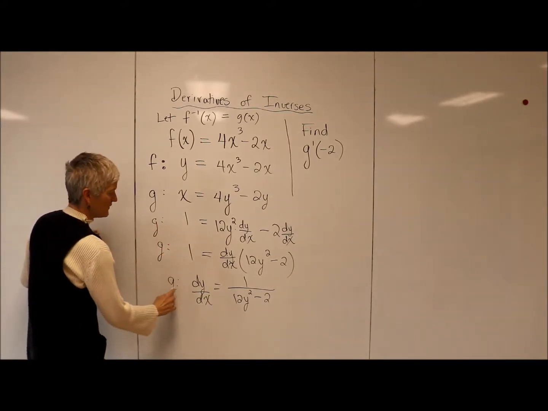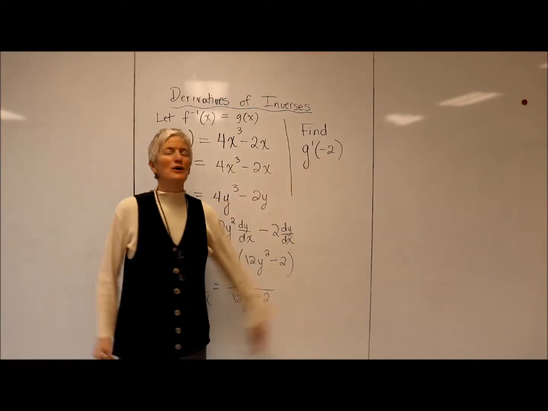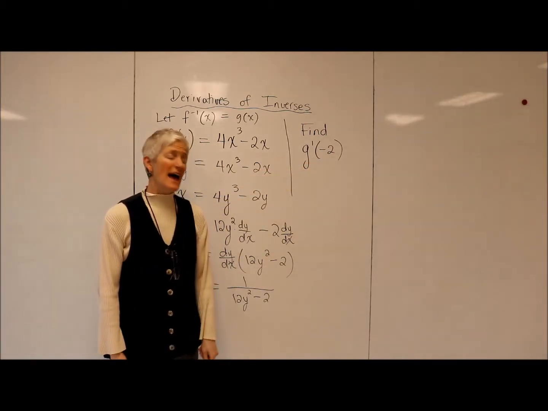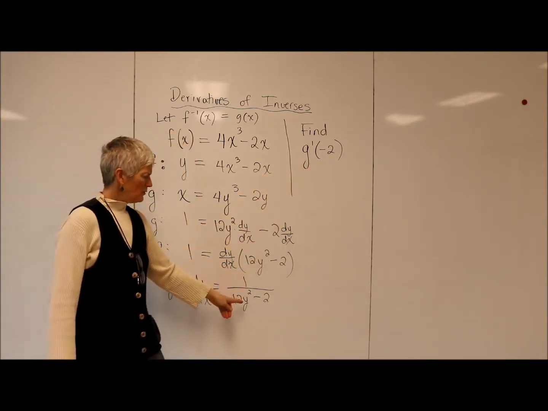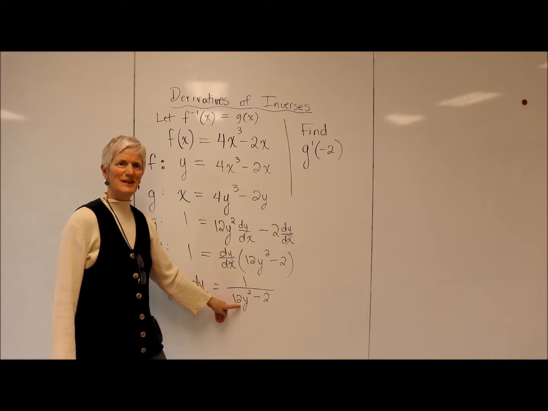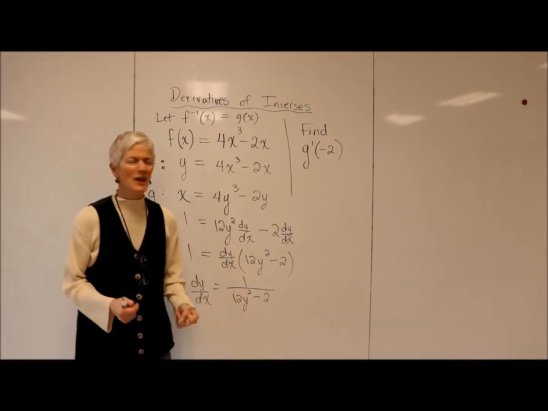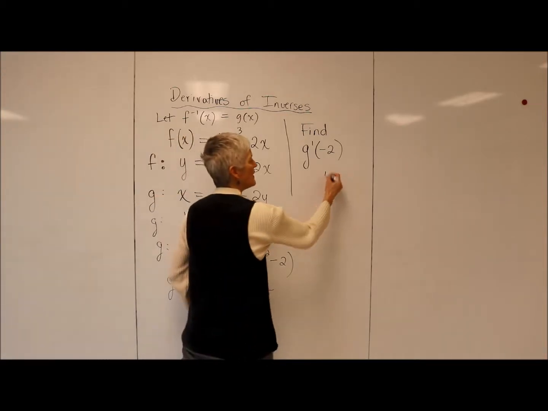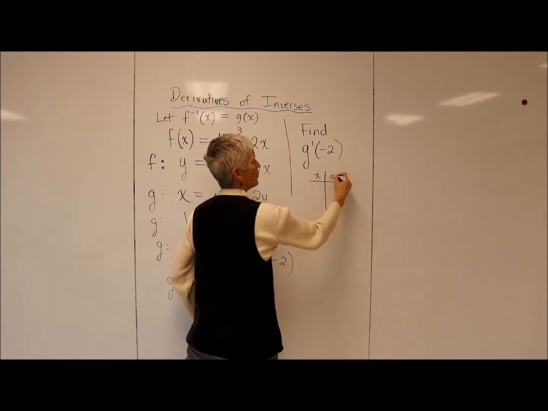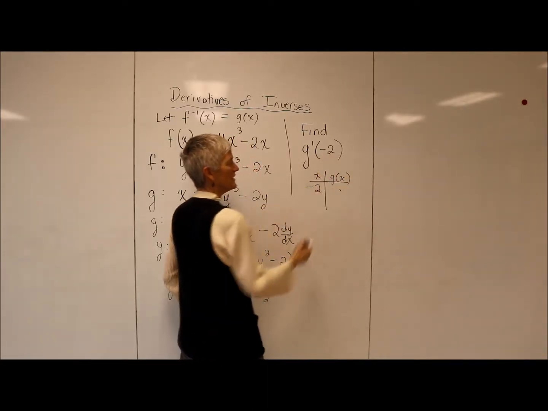This is the derivative of my g function. I want to find the actual value of the derivative when x is -2. Well, there's no x there. So somehow I have to figure out what the y value would be when the x is -2.